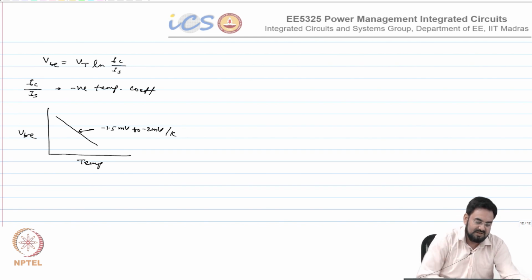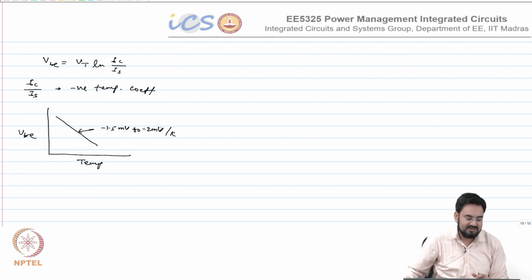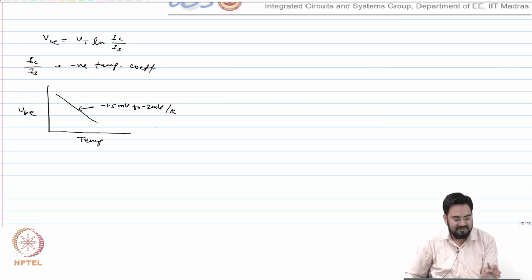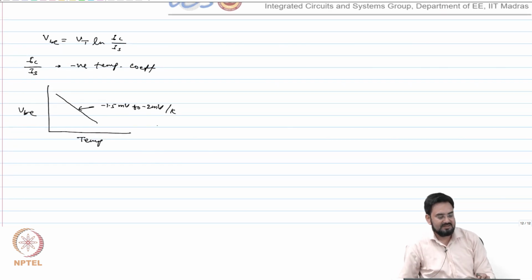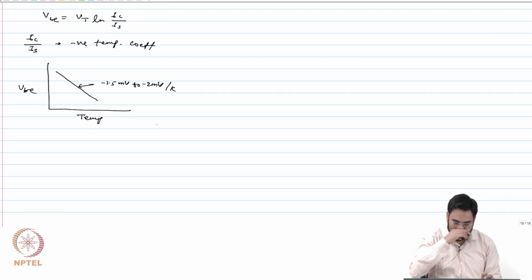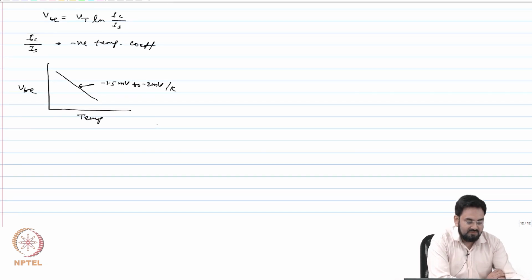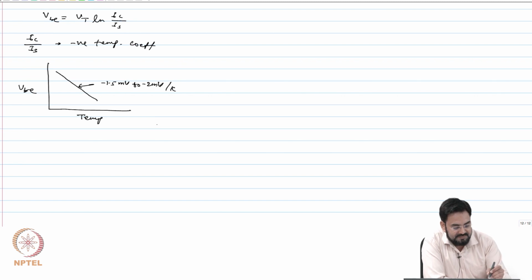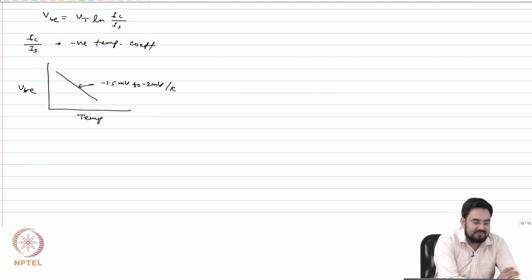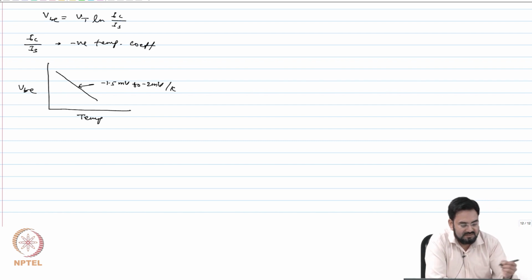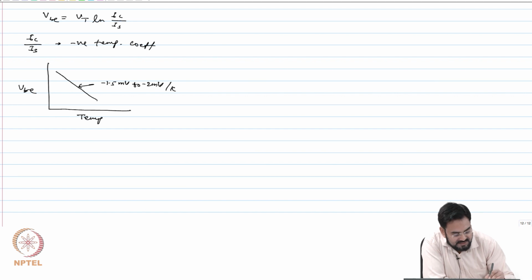Since VB has a non-linear term, ln IC over IS, there has to be some non-linearity.